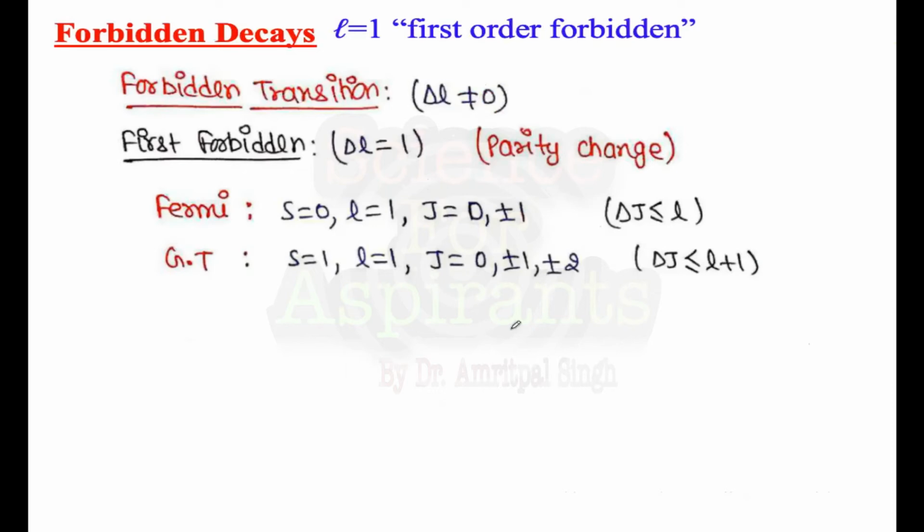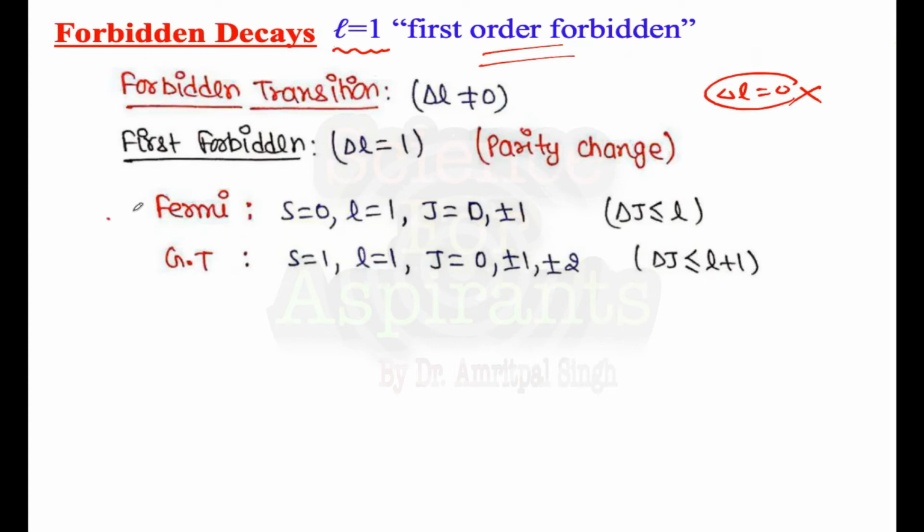Now let us discuss the forbidden transitions. In the allowed transitions we have seen that the parent and daughter nuclei are in the same orbital angular momentum, and for the allowed transition ΔL is equal to 0. But for forbidden transitions the ΔL value changes. After the transition the particle's orbital angular momentum changes with ΔL equal to 1, and those are known as first order transitions. For first order transitions the same rule applies.